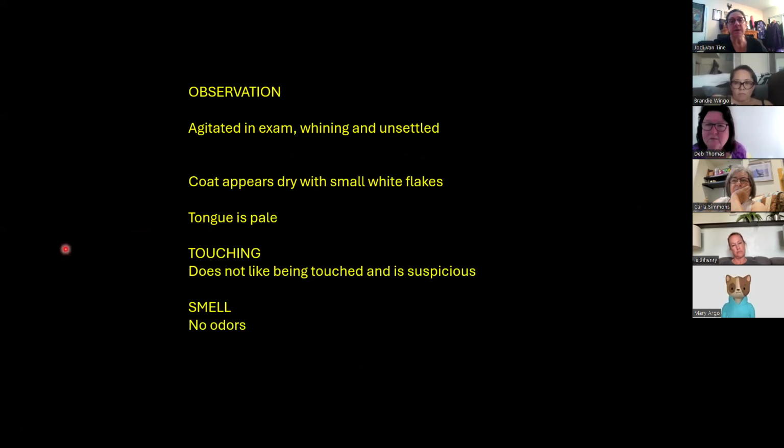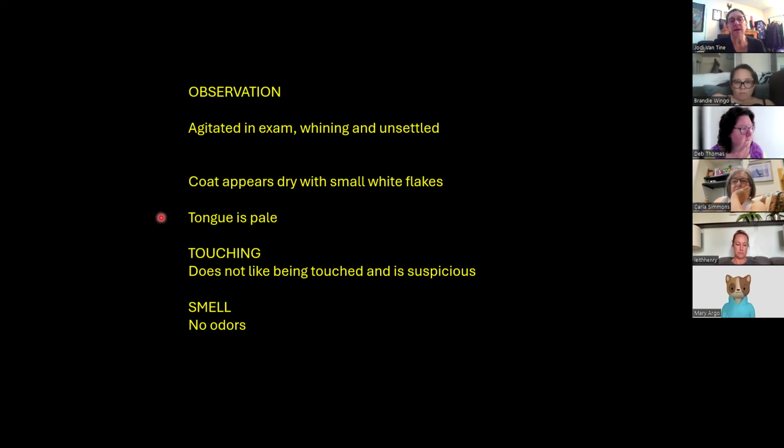So when we see the dog, it's agitated in the exam room, it's whining, it's unsettled. It's kind of side-eyeing you and very wary as well. The coat appears dry with small white flakes, and the tongue is pale. This was a case that was adapted from one of the forum posts in the College of Integrative Veterinary Therapies.